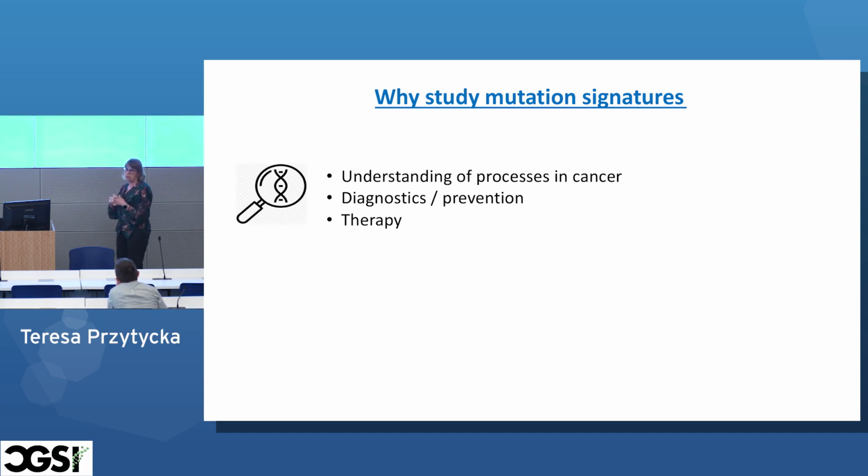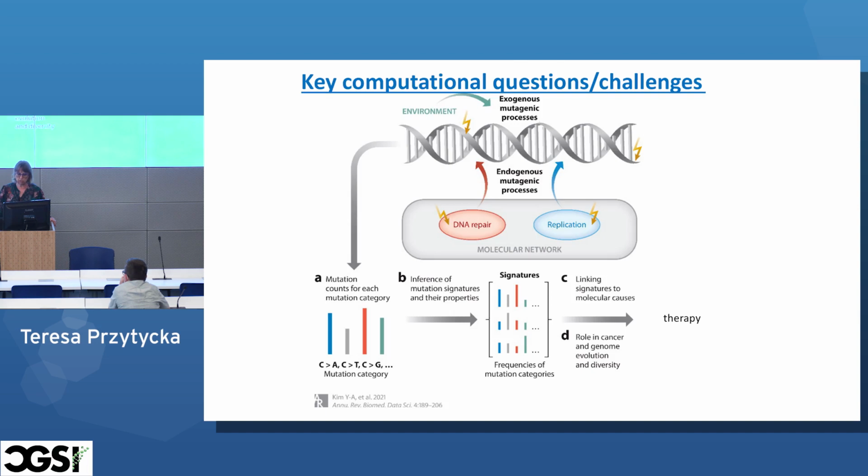One example, again for homologous recombination deficiency, are PARP inhibitors, which inhibit complementary pathways, so the cancer cells that have a deficiency in one pathway get the other pathway disabled, and then the cells cannot replicate. Okay, so this is the motivation.